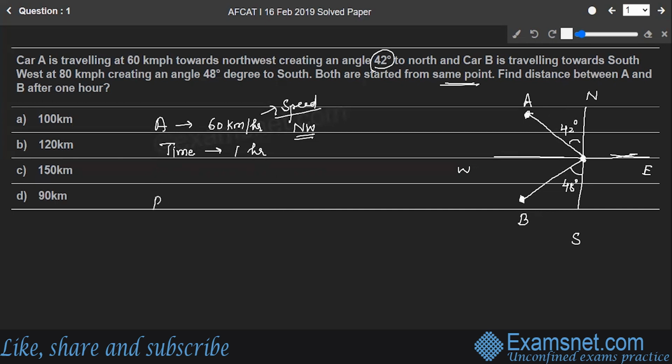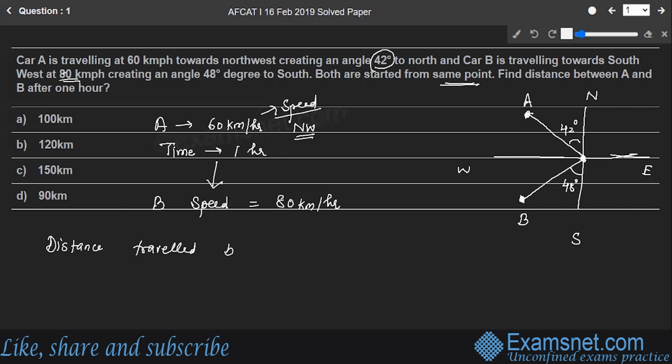B's speed is 80 kilometers per hour. And the time is the same in both cases, because we have to find the distance between both the cars after 1 hour.